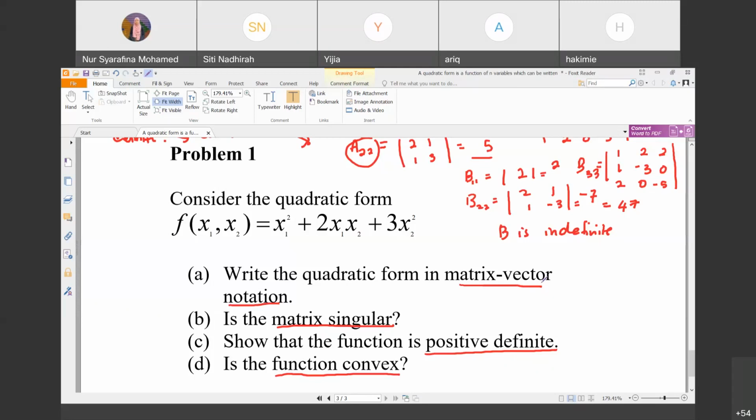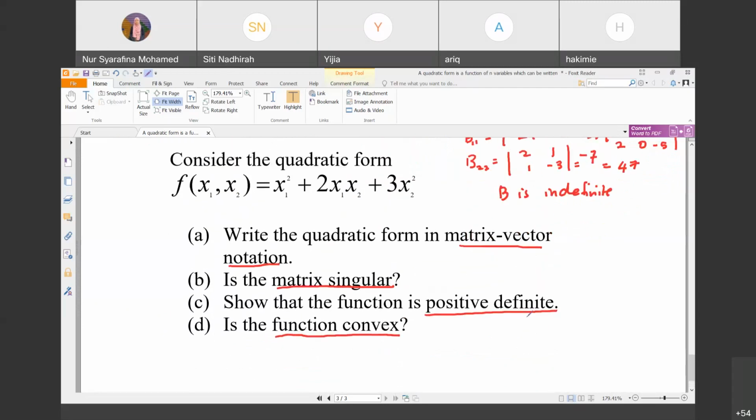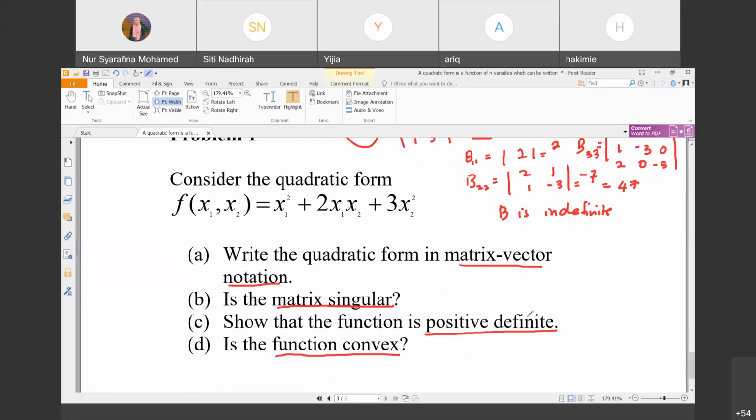Okay, done. What is the quadratic form in matrix vector notation here? In terms of matrix vector notation, you should write it in terms of x^T A x. So we have x1, x2 here.